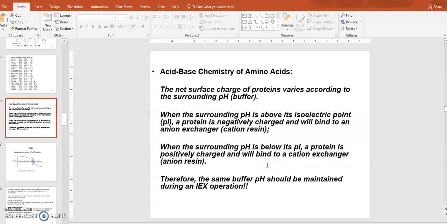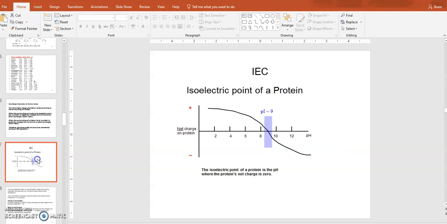Then how do you predict how your protein will be charged? This is a handy graph that allows you to predict the charge of a protein. In order to use this graph, you have to know the overall pi value of your protein.